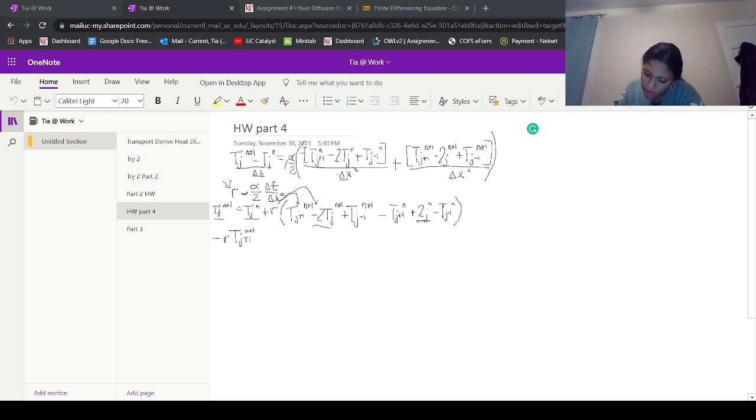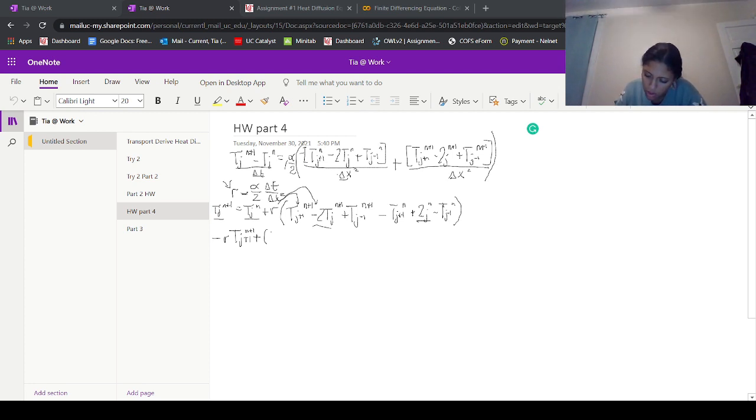Okay, so what we're gonna have is plus temperature at position J at time n plus 1, right? And then you're also gonna have 1 with the R value, so then you're gonna add, and say 1 plus 2R, I think.